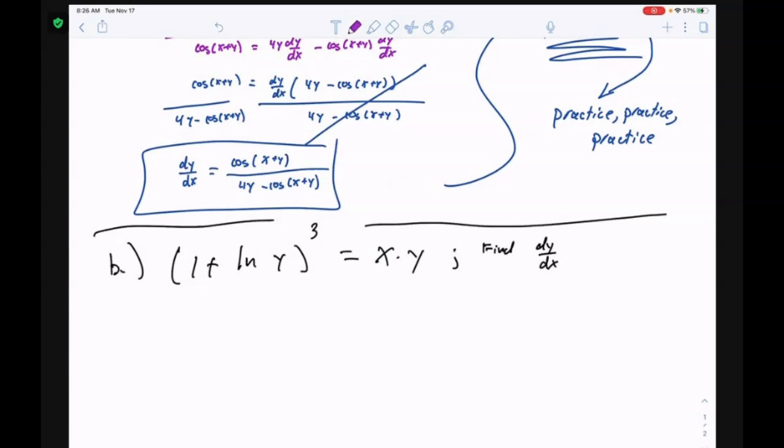All right. I use the chain rule. And how do I do that? This one is 1 plus ln y. It's chain rule, so let's apply the chain rule.